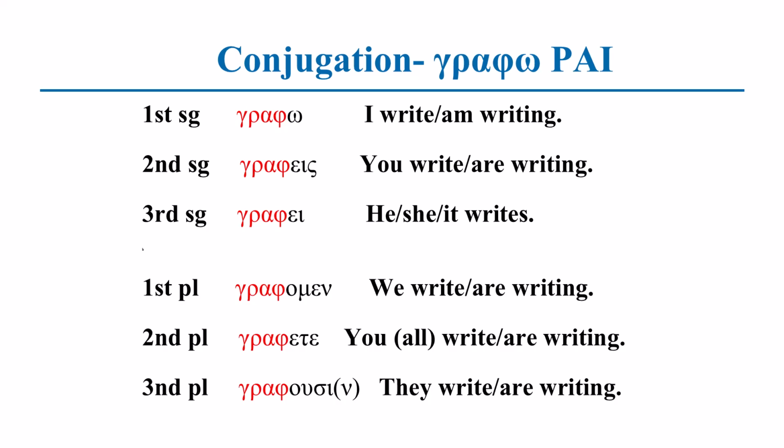So they're always going to guide you on three things: the tense to use, the voice to use, and the mood to use. And remember that all the words found in the vocabulary are in the first person singular. For example, you have the word grapho, and this is how it appears in the vocabulary. Grapho means I am writing or I write.